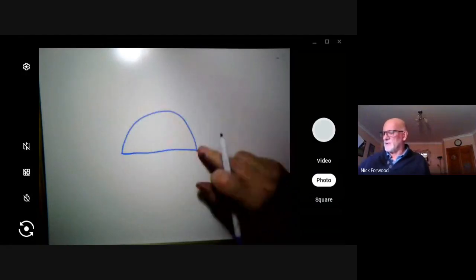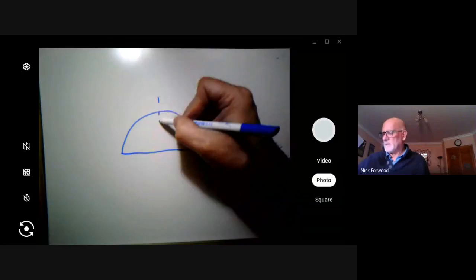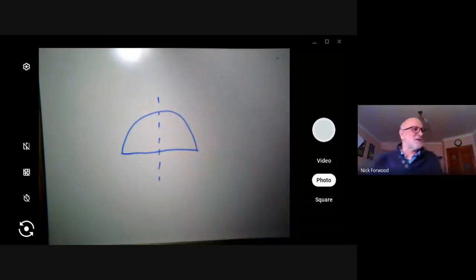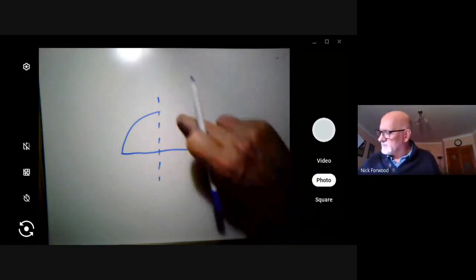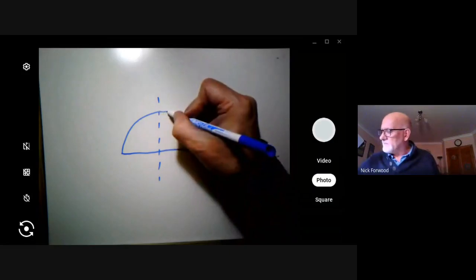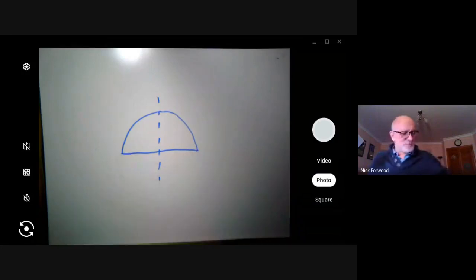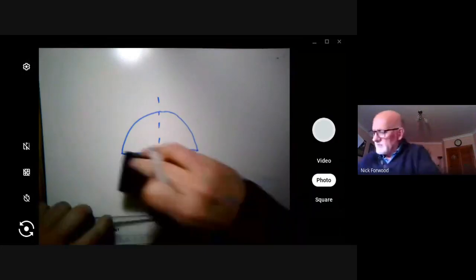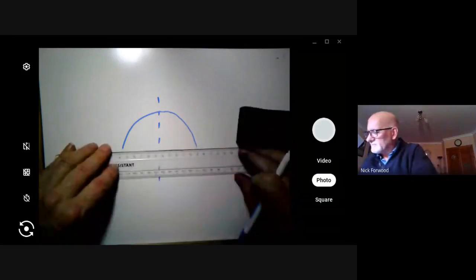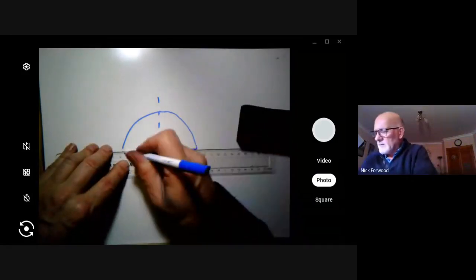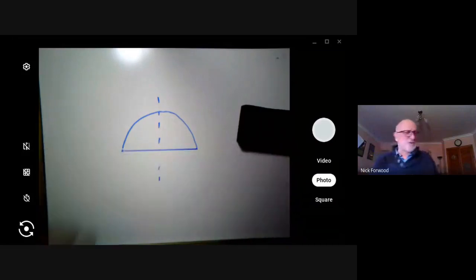There's my semicircular block of glass, there's my normal line, and I'm going to start with a number of different rays at different angles coming in. It's not quite semicircular, is it? That's supposed to be straight along there. I'll just redraw mine so it looks nice. As long as yours looks reasonable, that's okay.